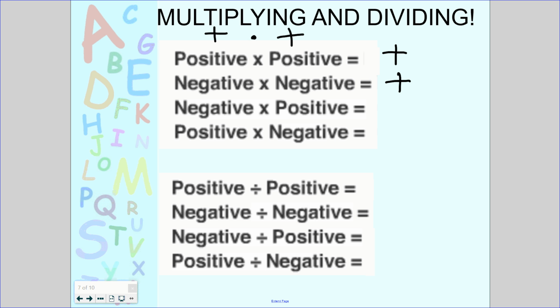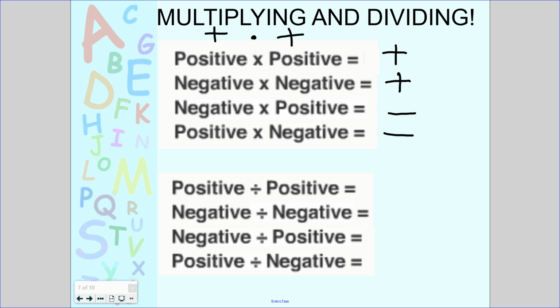A negative times a positive will give me a negative. And a positive times a negative will give me a negative. So if you have one negative, your answer is going to be negative. If you have two negatives, they're going to cancel each other out and you get a positive answer when you're multiplying.